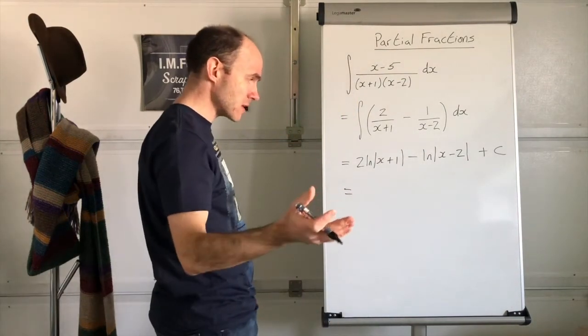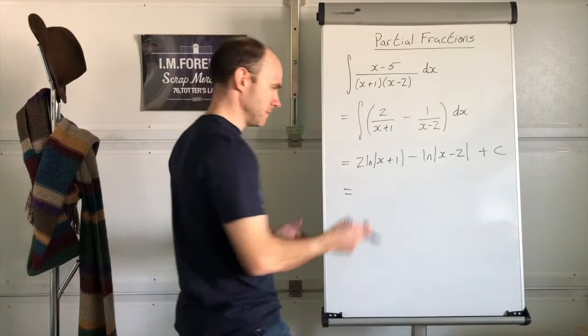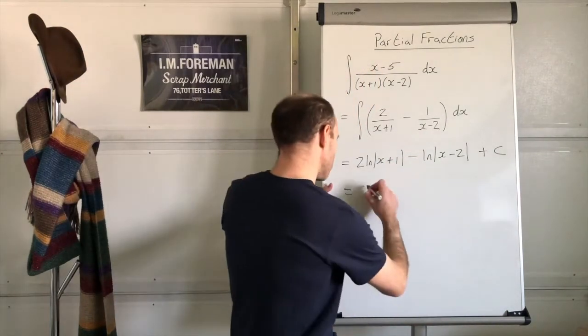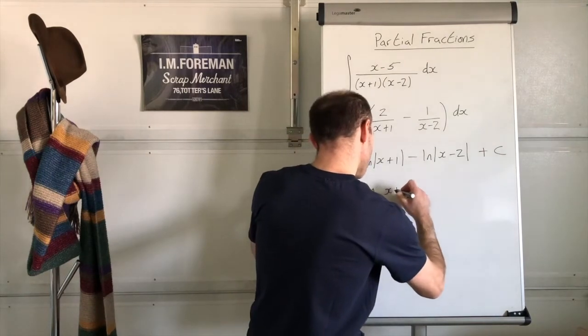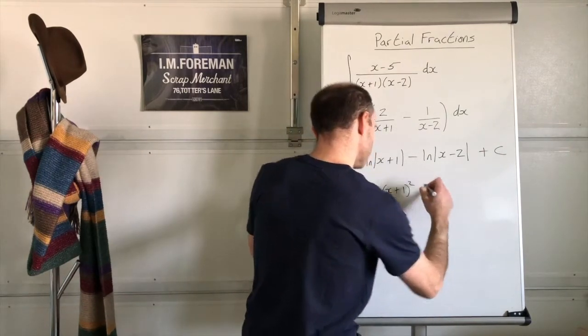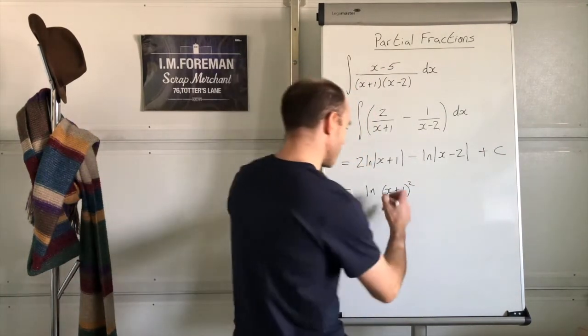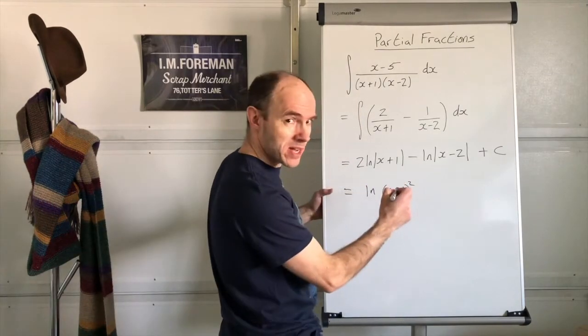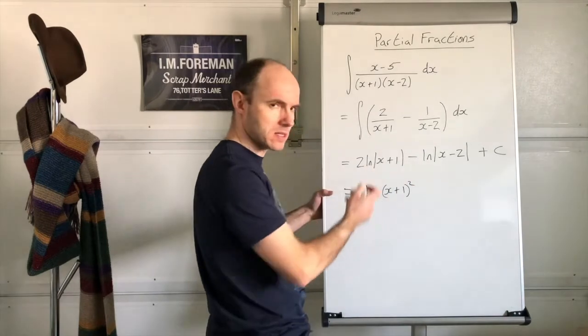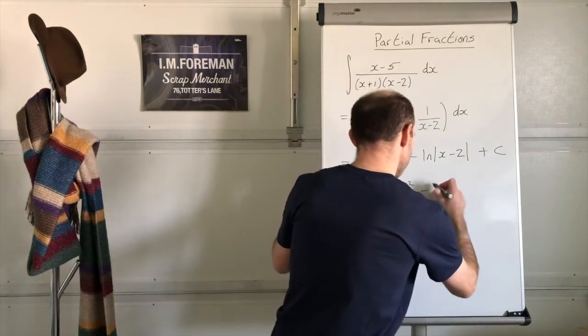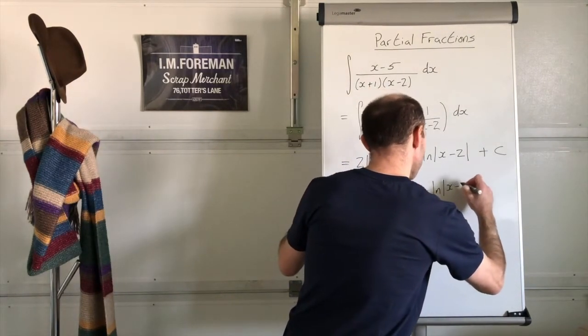Remember your log rules, using natural logs. You can write that as natural log of x plus 1 squared, can't you? Do we need the brackets? Not anymore, because the squared implies it's going to be positive anyway. Then subtract natural log of x minus 2.